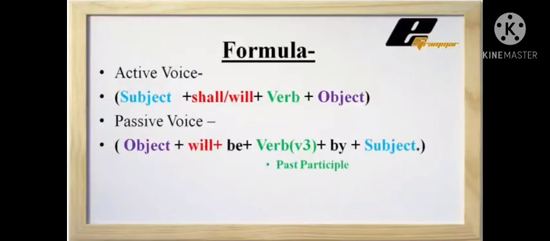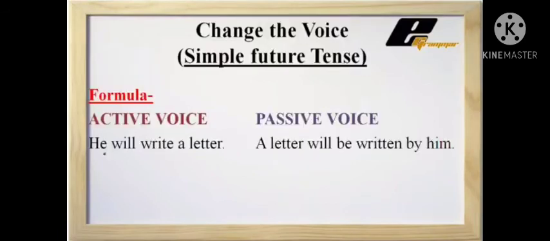Then the passive voice: object of the active voice, will plus be, then past participle form of the verb, followed by subject of the active voice. For examples, active voice: he will write a letter. Passive voice: a letter will be written by him.